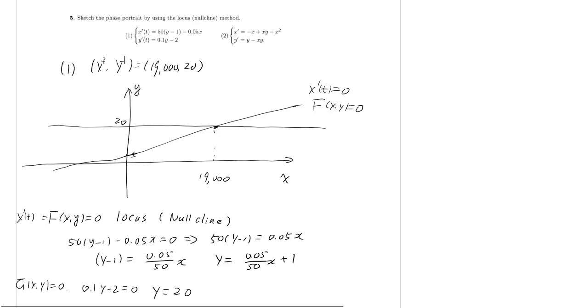Now, after we have finished drawing the null lines, we're going to plot these so-called short line segments. First, we can look at what's on each line. On this horizontal line, y prime of t is equal to 0. That means in the y direction there is no velocity, and we only have x direction velocity.